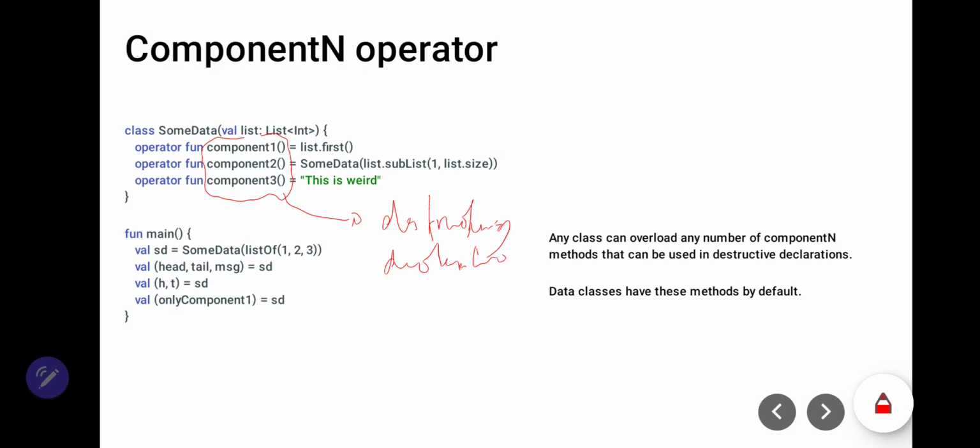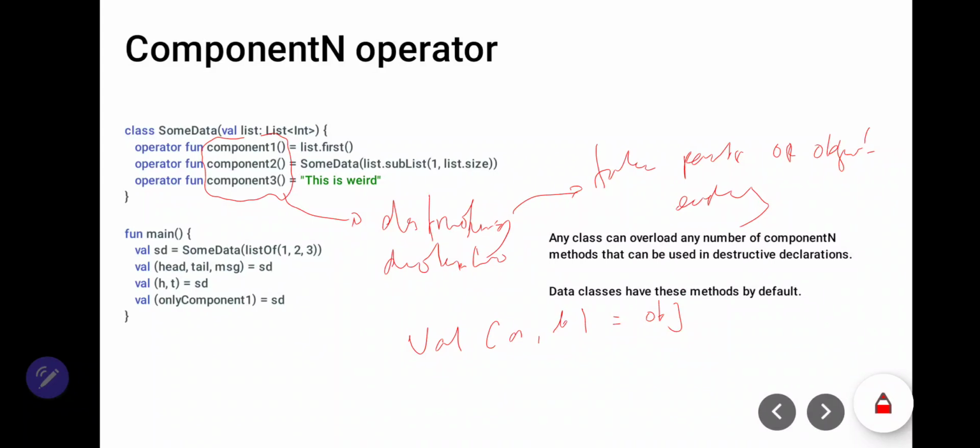If you use this destructuring declaration, we can take the parts of an object easily. For example, val (a, b) = object, and Kotlin can automatically find component 1 and component 2 and so on.